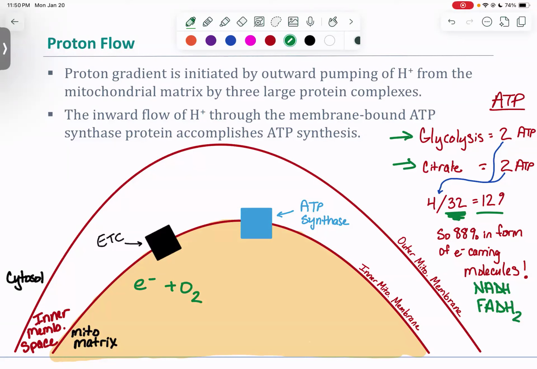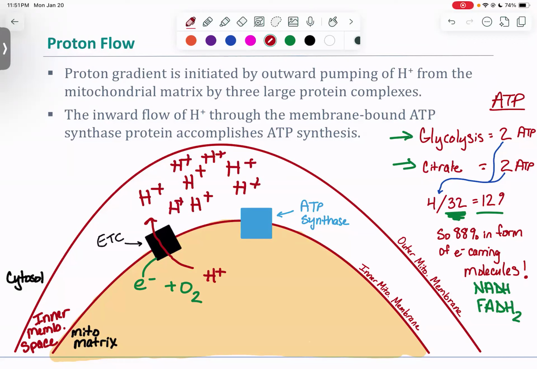When those electron carrying molecules get to the electron transport chain, they drop off their electrons. And in the process of dropping off electrons, they pump protons from the inner mitochondrial matrix to the inner membrane space. So we start to pile up protons in this space until it gets to be a really high concentration of protons.